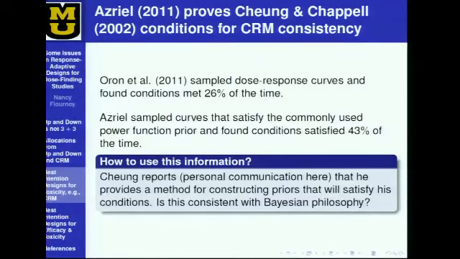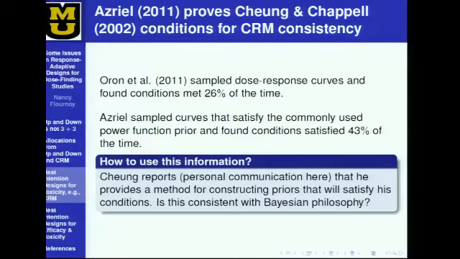Okay, so the next thing Azrael did, Chung and Chappell have some conjectures for conditions for consistency. And actually, Quigley and Shen had some conditions, but they were determined to be very restrictive. And so Chung and Chappell had some more lenient conditions that were just conjectured and not proved until just now. And so Azrael proved that if Chung and Chappell's conditions hold, then the CRM is in fact consistent.